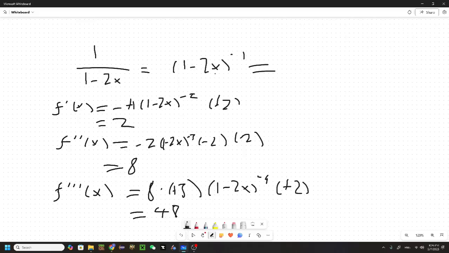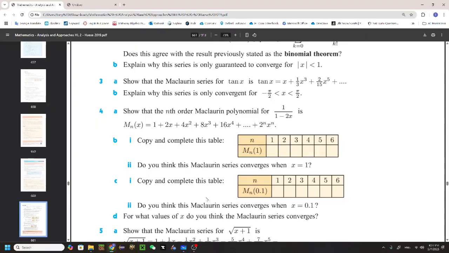For the 0 term, this will just give us 1. So we have 1 plus 2x over 1 factorial, then 8x squared over 2 factorial, and 48x cubed over 3 factorial, right? I think that should be the answer here.